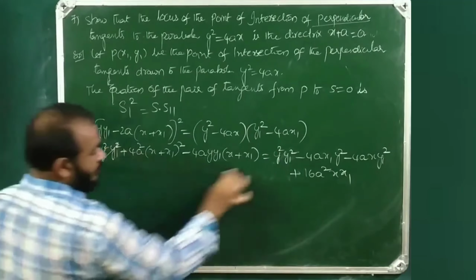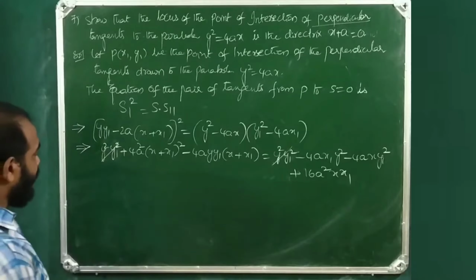So y square y1 square gets cancelled on both the sides.